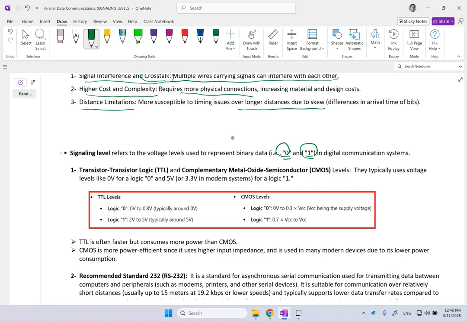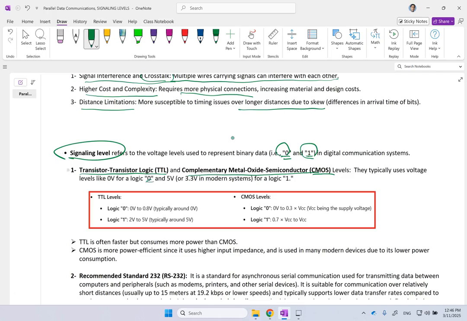And the level of voltage they use to represent those is called signal leveling or levels, okay? So for instance, in TTL, which stands for transistor-transistor logic, and CMOS, which is complementary metal oxide semiconductor, in these kinds of standards, mostly it is like what we said.